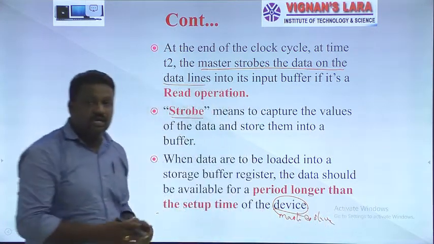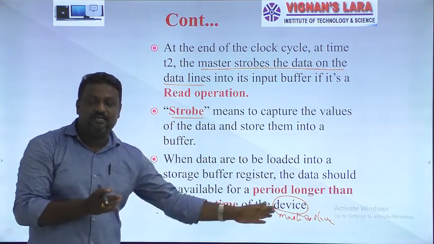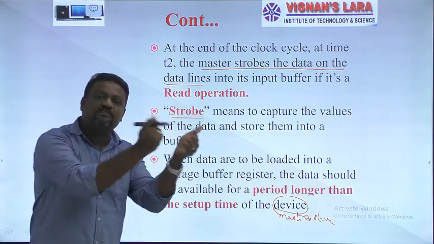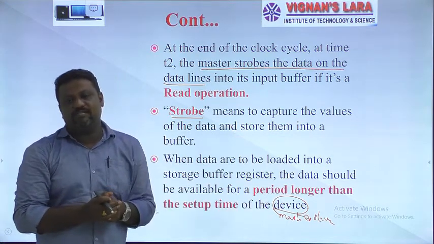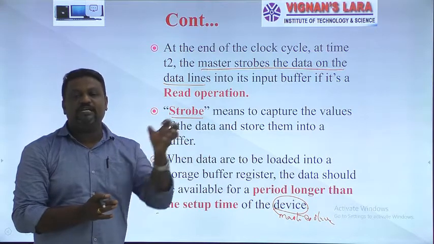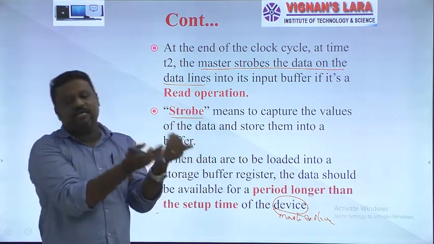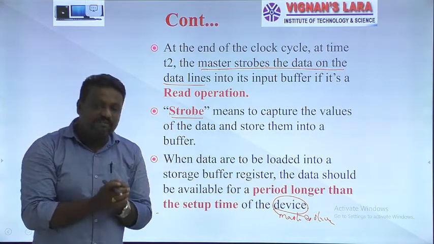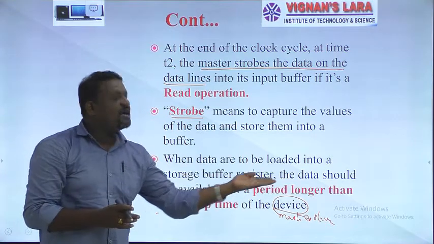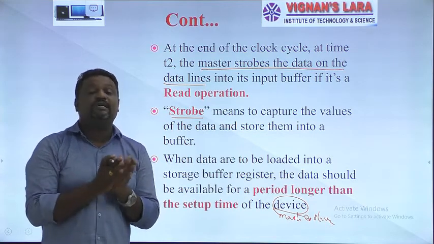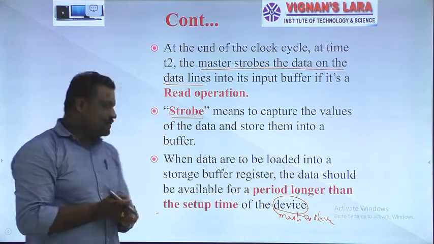If it is a master receiving the data, it acts as a master. If the master is sending something to a slave, then the device is the slave. So once the data on the data lines is taken by the master or slave, it is copied into its internal buffer register and maintained there for longer than the setup time of the device itself.